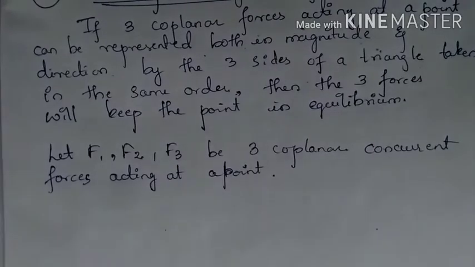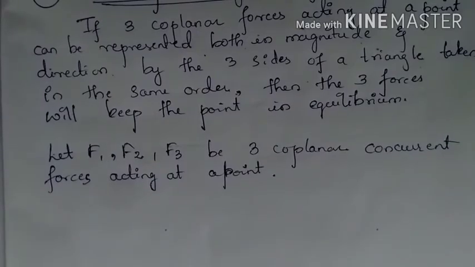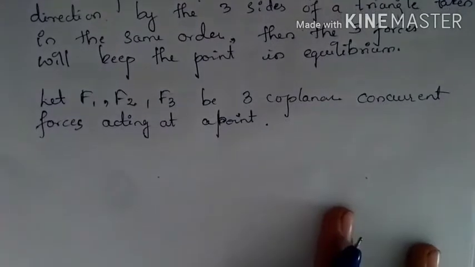Now for these three forces we can draw a triangle. So let's suppose triangle ABC. Then the three sides of the triangle will represent the forces F1, F2, F3. If these three sides are taken in the same order, then they will be proportional to the magnitudes of F1, F2, F3.